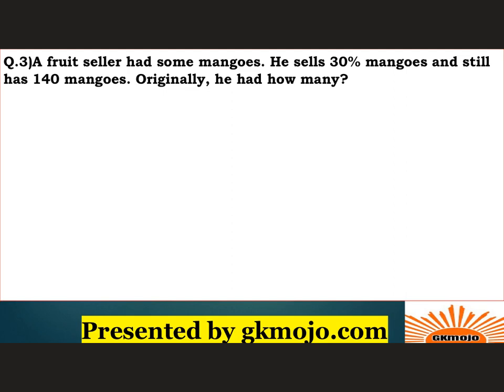Let us have a look at the next question. A fruit seller had some mangoes. He sells 30% of the mangoes and still has 140 mangoes. Originally, he had how many? So basically, there's this fruit seller who first sold 30%, and then after selling this 30%, he still has 140 left with him.